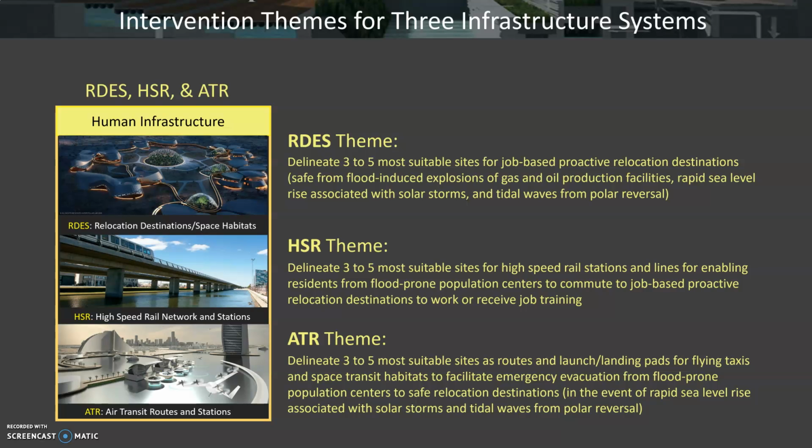The first one is RDES. It stands for relocation destinations. So that could be a variety of different designs. We could be looking at space and planetary surface habitats, because with the solar storms coming more frequently, we might be experiencing adverse living conditions on Earth that are very similar to what we have in outer space.